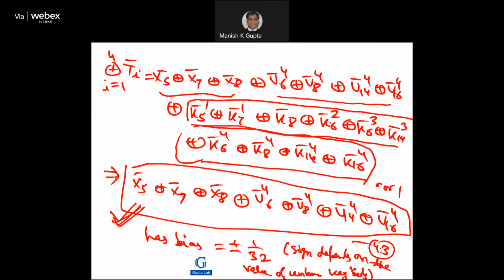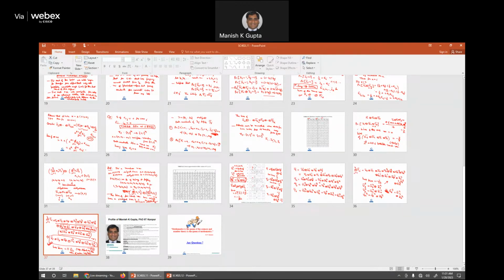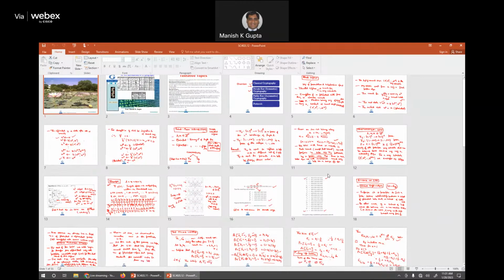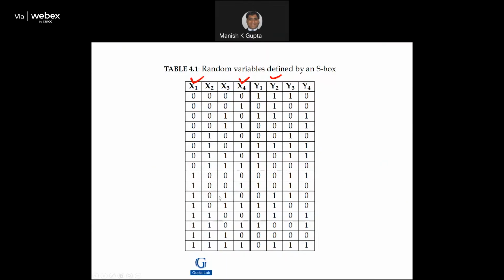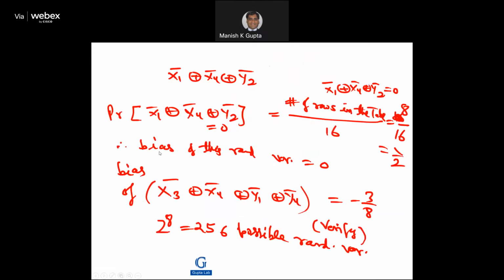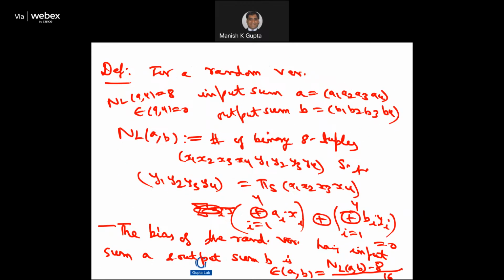Okay, and so basically, the sign depends on the table value of the used key. So now we arrived here.